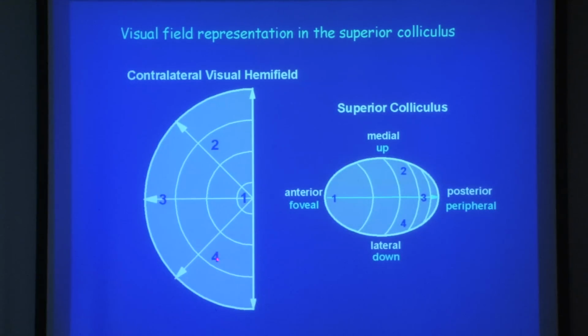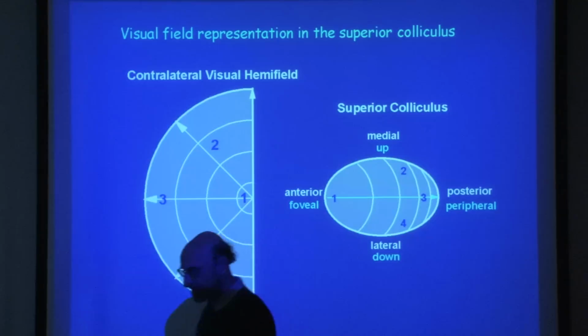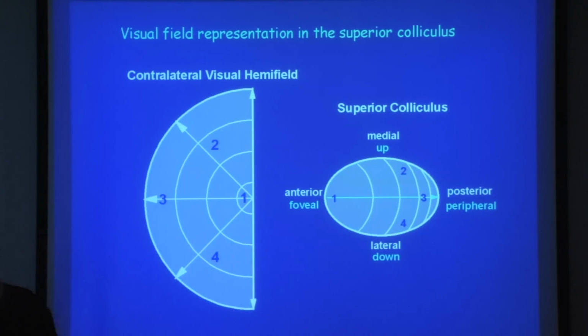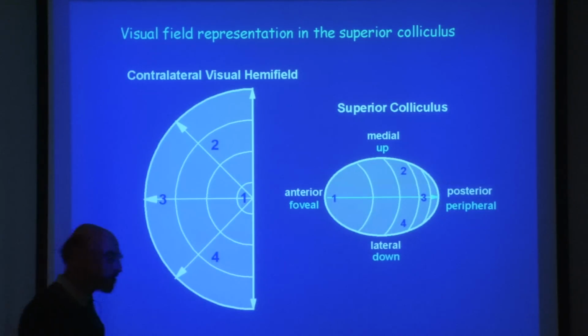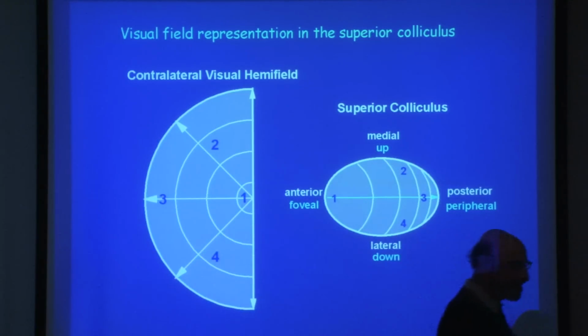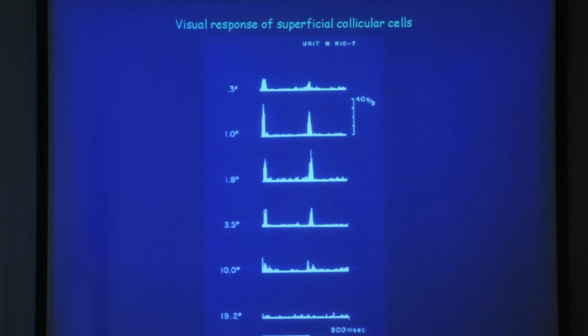And the lower part of the visual field projects to the lateral portion of the colliculus. Now, why do I emphasize this? You will see in just a minute why that is important. It's very important for us to understand that there's a lovely topographic layout of the visual field onto the superior colliculus.